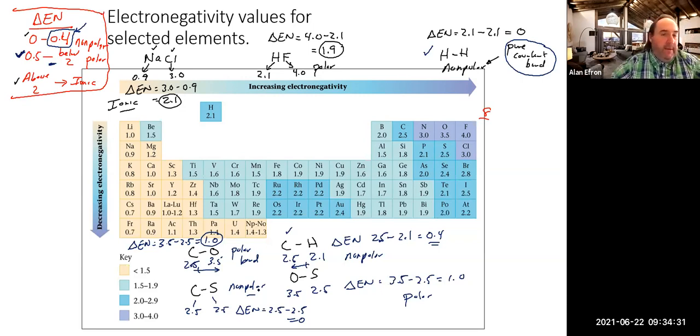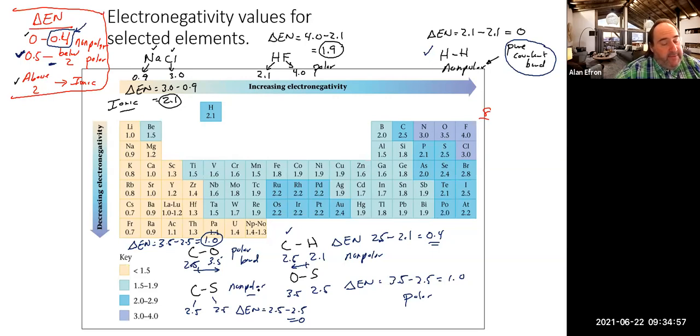Absolutely, like what we had with H2, F2, and things like that, those guys are always going to be nonpolar because they're both the same element. This one demonstrates that you can have two different elements that have the same electronegativity value and actually will be nonpolar as well. So not all the time that you have different elements will it be a polar bond.